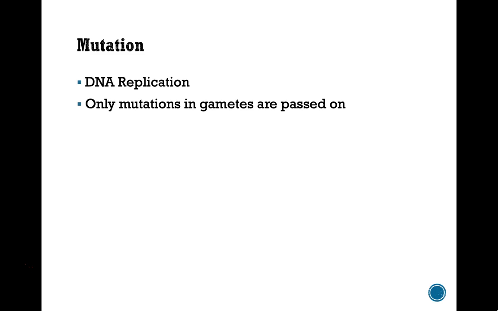But if something happens and your gametes acquire a mutation, and then that gamete fuses with a sperm or an egg, depending on the situation, that genetic mutation can be passed on. Now, we talked earlier about some mutations being good, some mutations being bad. But either way, a mutation is a new source of genetic information that has potential implications for the next generation.